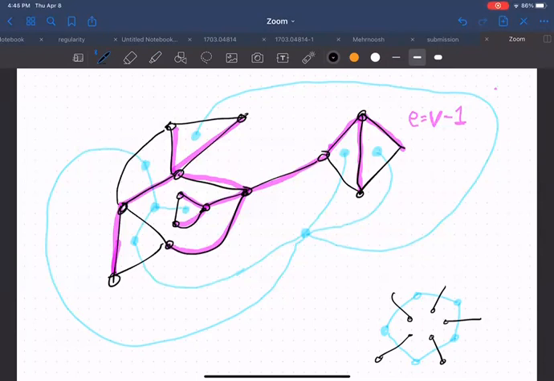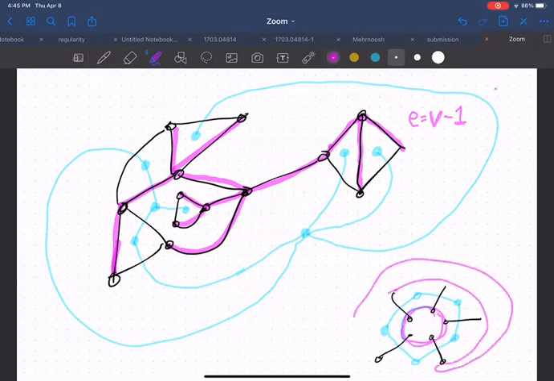But that doesn't sound right, because the purple spanning tree is supposed to be a spanning tree of all the vertices, which means it's supposed to connect them. And certainly if it doesn't use any of these edges, then the vertices in here won't be connected to the vertices out here. So that's why the blue graph doesn't have any cycles.